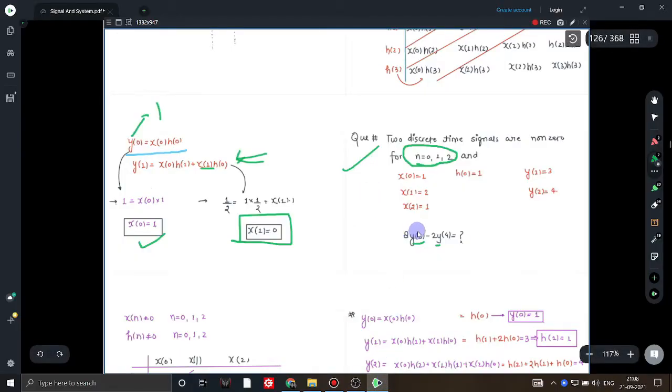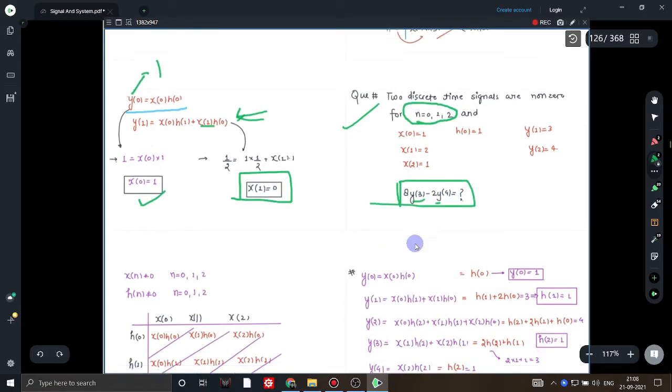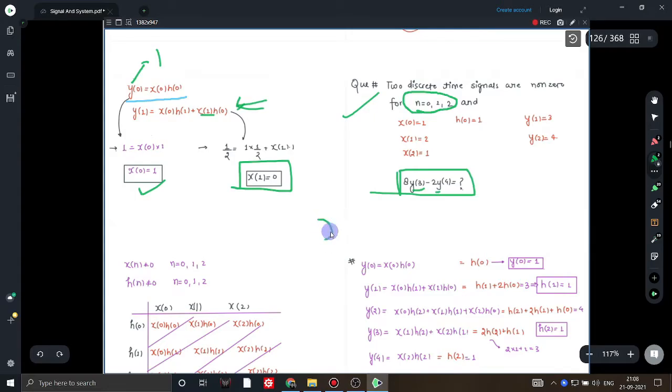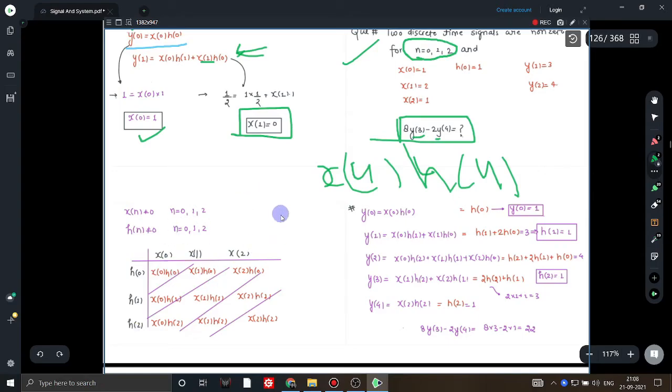So in this question we have to find the values of y3 and y4, so we have to make the table till x4 and h4. But we have not shown the table here because it is too lengthy to solve in this class. So you can do this at home, as your homework.